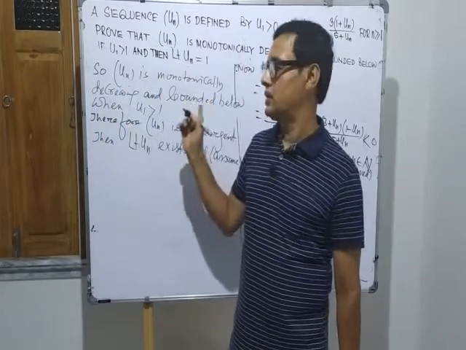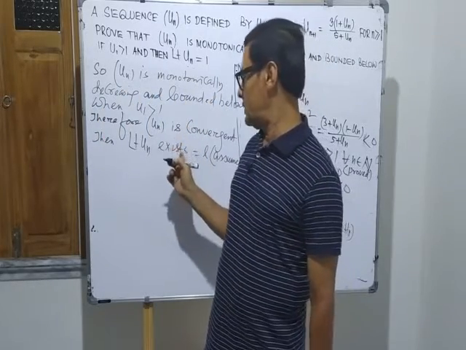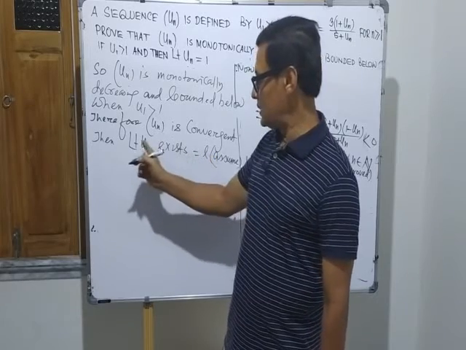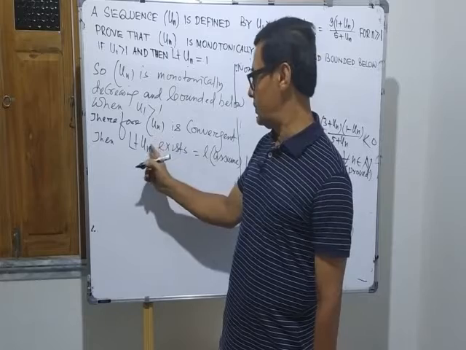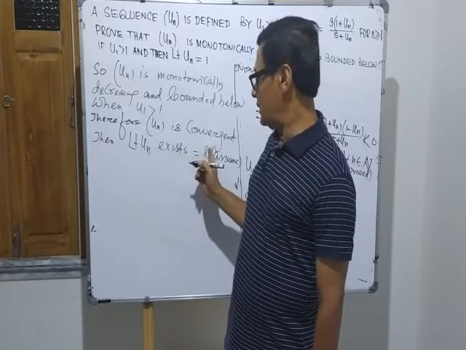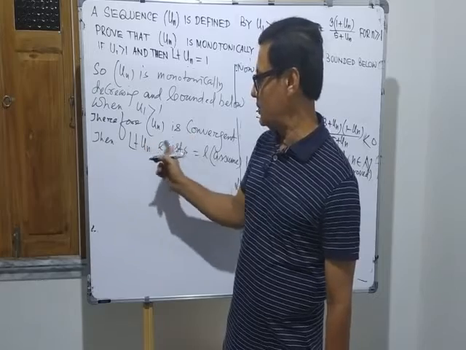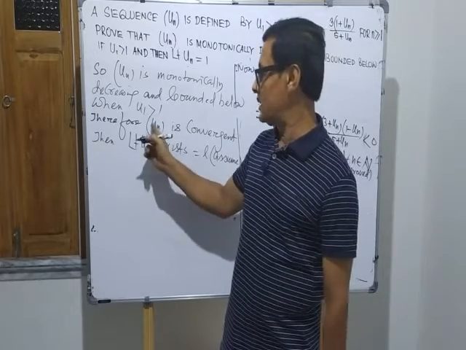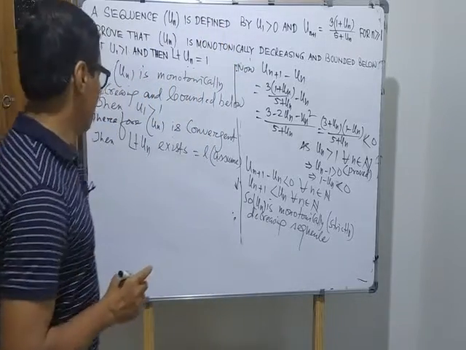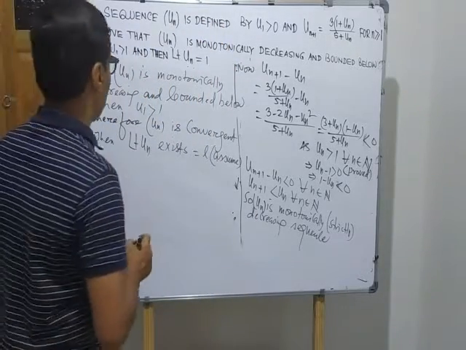Every convergent sequence has a definite limit. This definite limit is assumed as L, that is, limit un exists, and this limit will be a finite number, as the sequence is convergent.